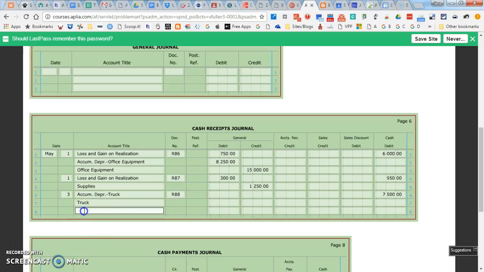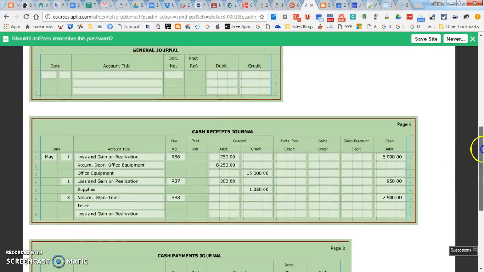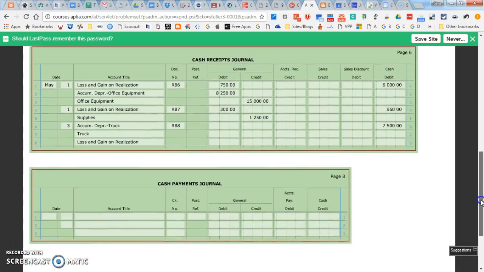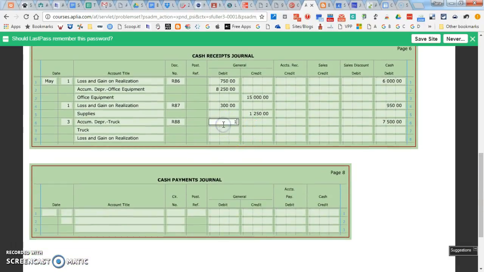And then the next one is loss and gain. And so if I go up and look, my depreciation was $18,300. And my truck was $25,500. So if we take this minus $18,300 minus $7,500, we actually had a gain, so that has to be a credit, $300.